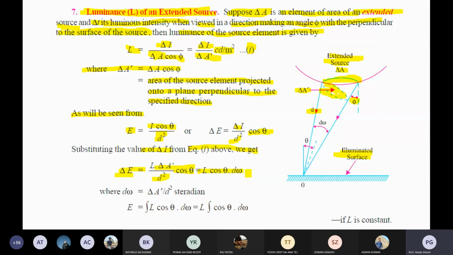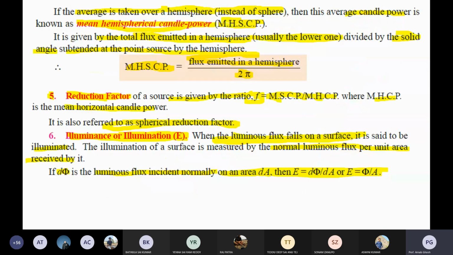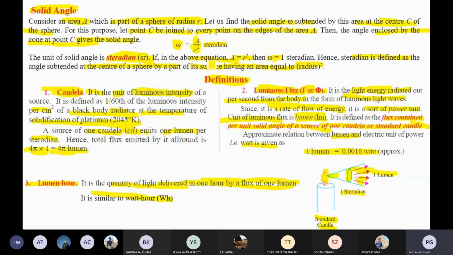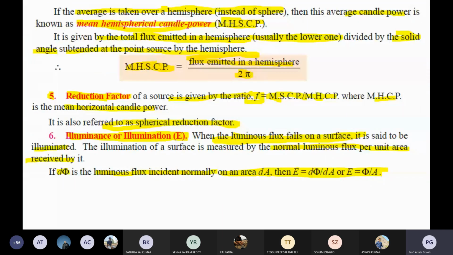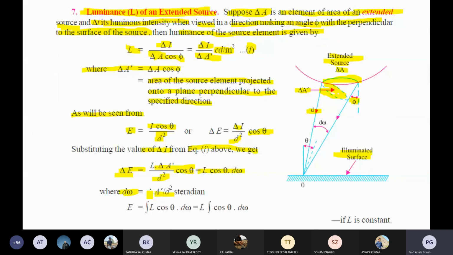The next important definition is the specific output, or the efficiency. We are studying in terms of electrical engineering, so how much input you give and how much output you receive is our main calculation. The specific output or efficiency of a lamp is the ratio of luminous flux to the power intake, meaning electrical power intake.